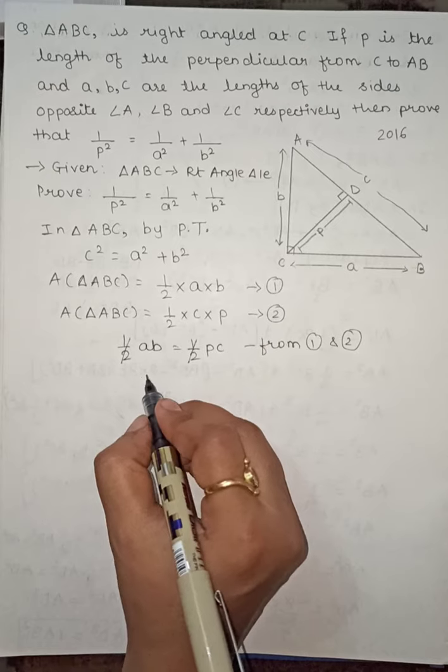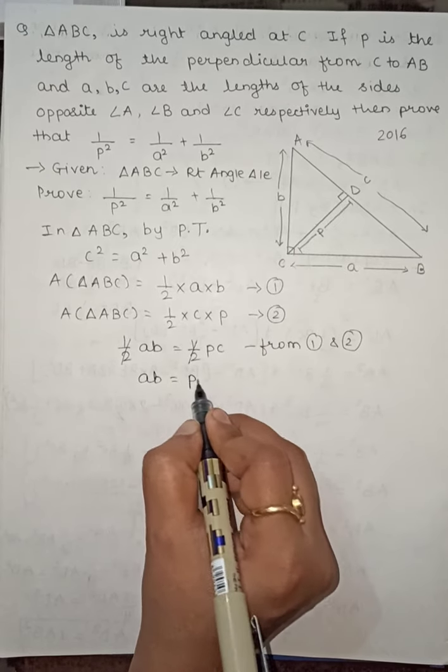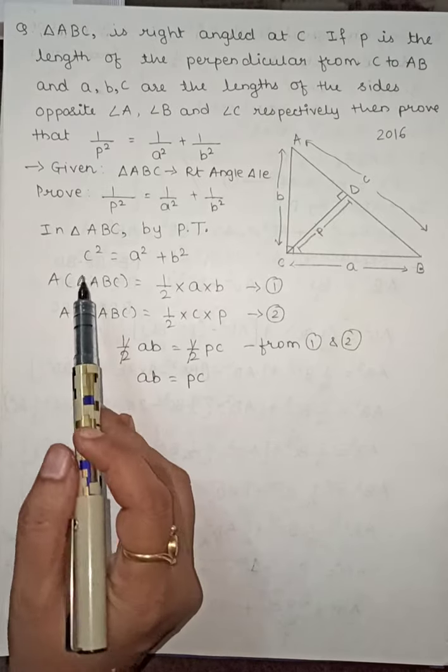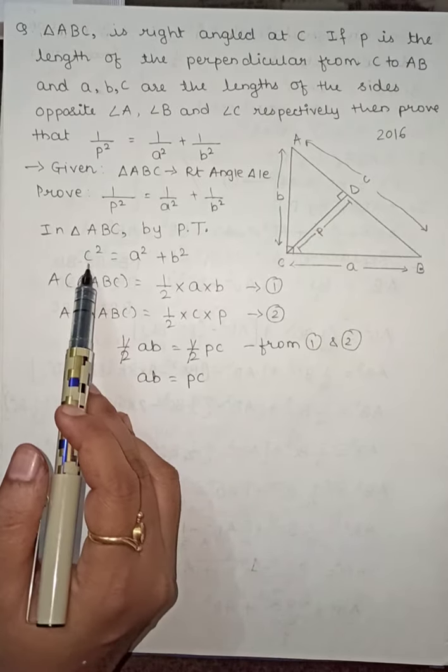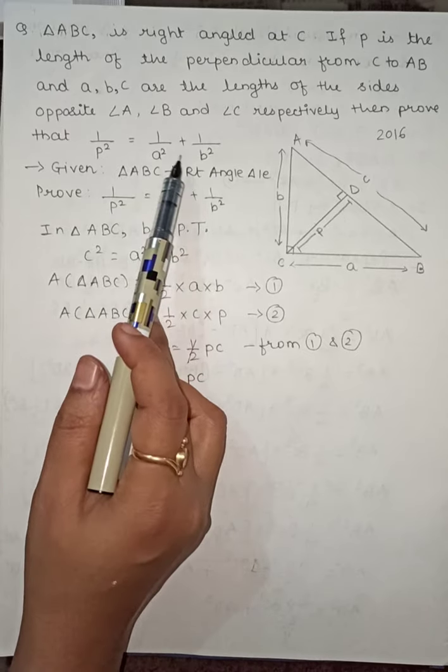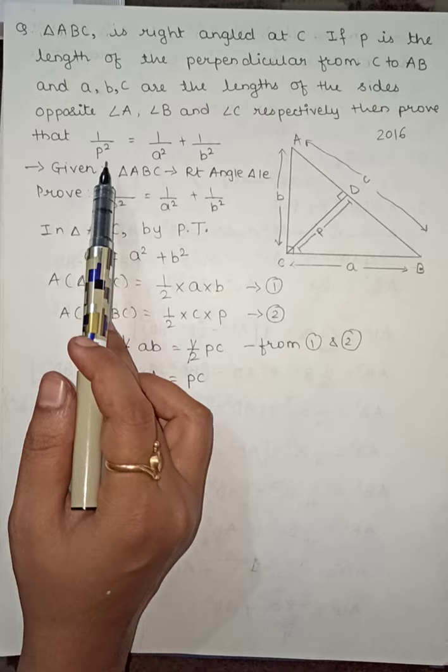So what you are getting? You are getting AB is equal to PC, isn't it? So that is what I want. I want all the four sides in one equation. So I want a relation between them. Now here I want to replace this C with some other value, because in our proof C is not present, P is present, isn't it?